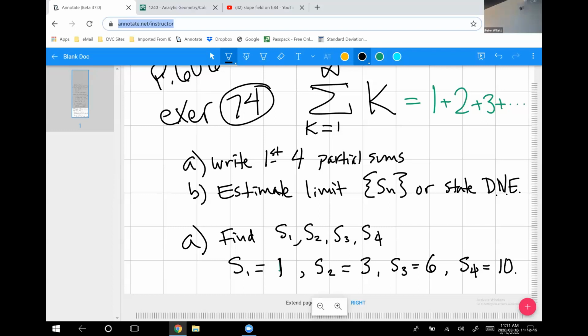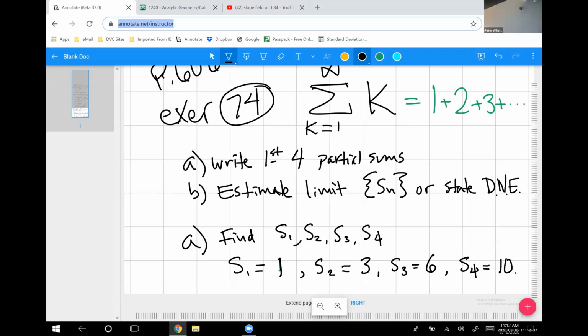Yes. So a partial sum means you add up the terms of the sequence up to a certain place. S sub 1 says add up the first term of the sequence. S sub 2 says add up the first 2 terms of the sequence.